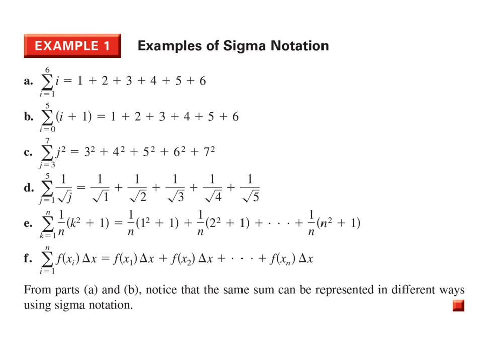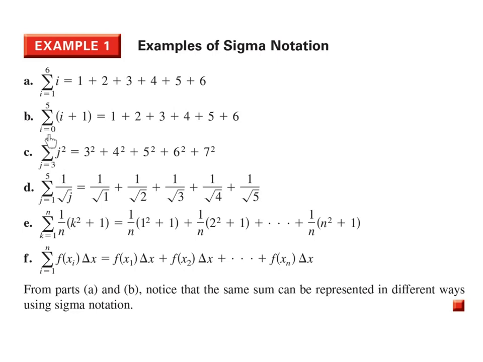So here are some pretty basic examples of how you can use summation and what it would look like if you wrote out all the terms in order to add them up. For example, this one is going to start with 1 and end with 6, and i is just the term that I'm going to use. So my first term, I'm going to plug in 1, so that's just 1. My second term is 2, etc., all the way up to 6.